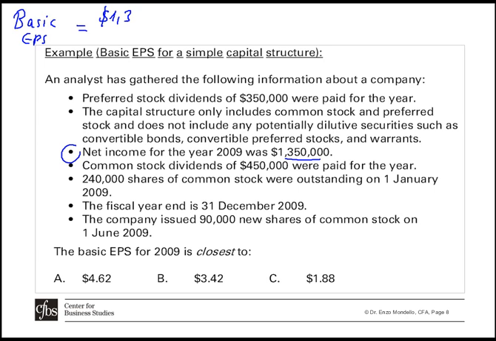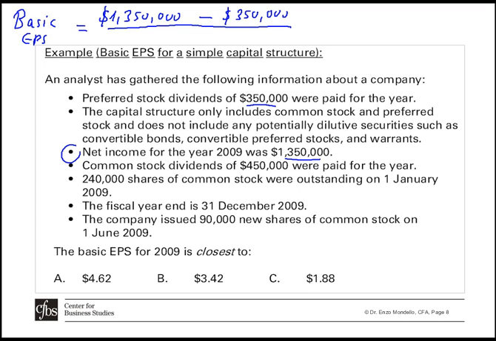So we take $1.35 million for the net income, and from that we have to deduct the dividend payments to the preferred stockholders. And we know from the first bullet point that preferred stock dividends are $350,000. So that gives us income available to common shareholders of $1 million.